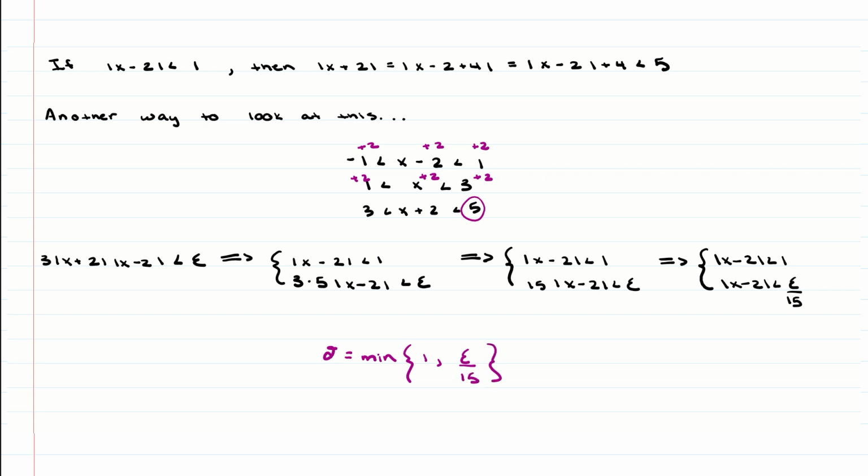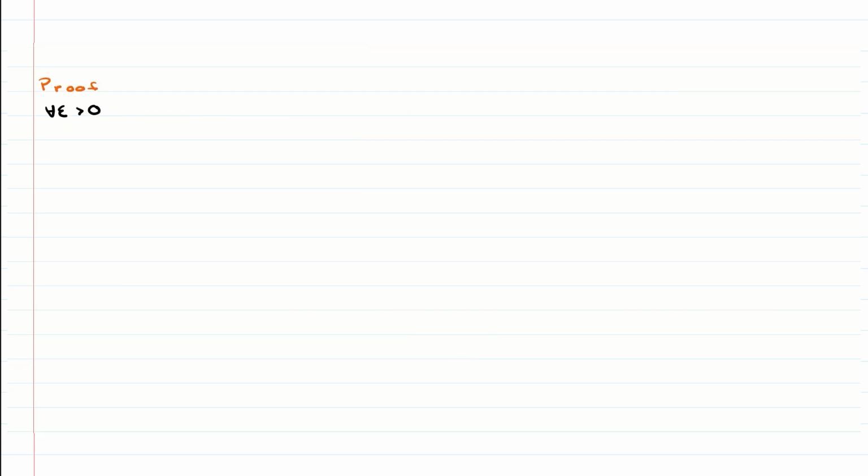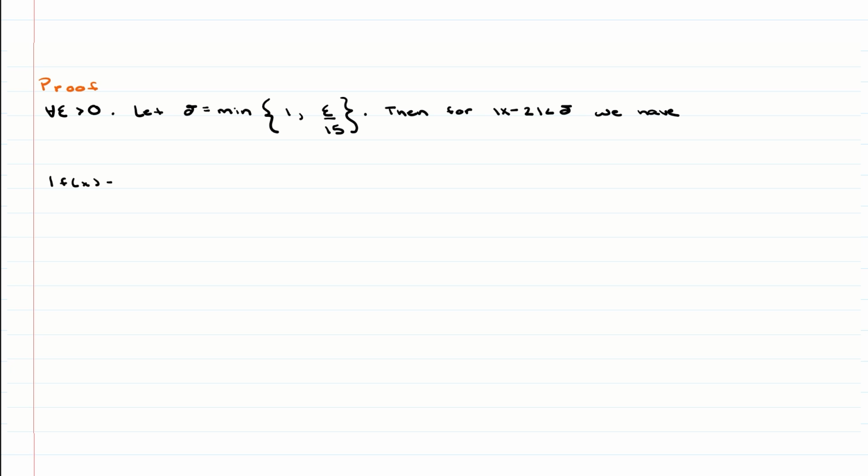Now that we've identified our delta, we can move on to actually executing our formal proof. Of course, we'll start off with all epsilon being greater than 0. And then we'll let delta equal what we found in our analysis, the minimum of 1 and epsilon over 15. Then for the absolute value of x - 2 less than delta, we have the absolute value of f(x) - 7. This equals the absolute value of 3x² - 5 - 7.